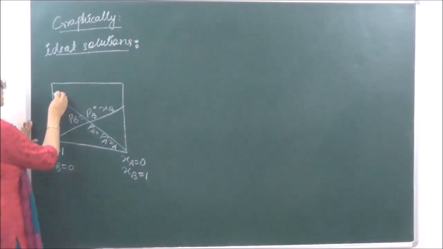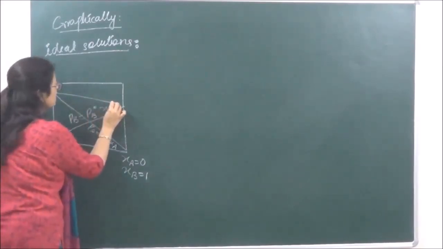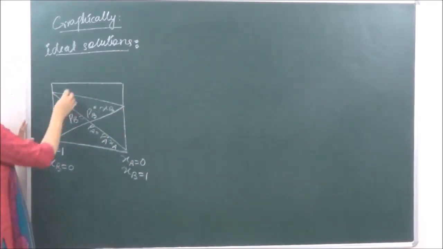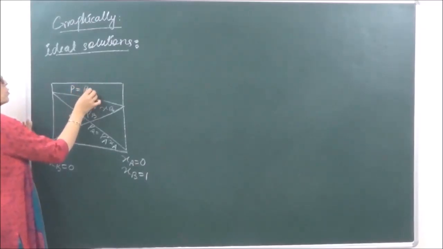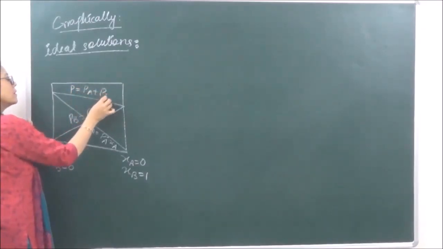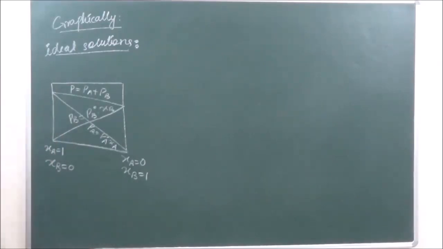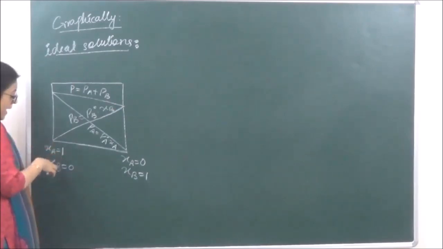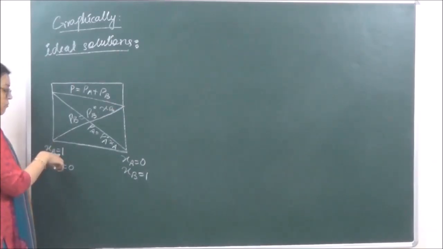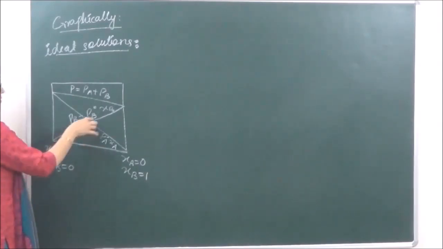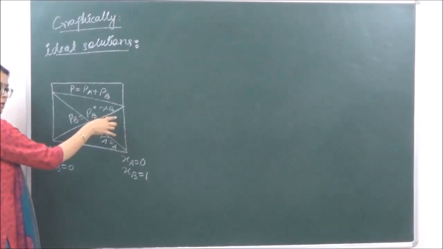And this represents the total pressure P, which is equal to PA plus PB. So this is a graph for ideal solutions that shows that as the mole fraction of a component increases, its vapor pressure also keeps on increasing.